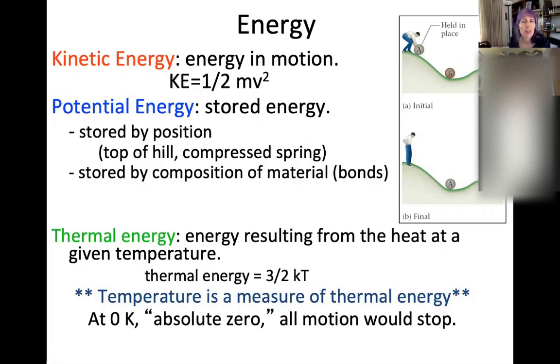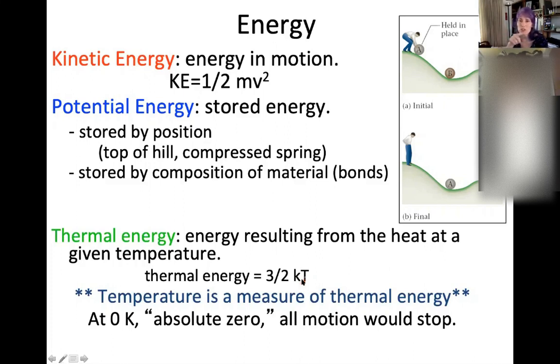I also want to talk about thermal energy. Thermal energy is just the kinetic energy that we have by virtue of being at a temperature. So here's our temperature component. You don't really need to know how this equation comes into being, but T has to be in Kelvin, absolute temperature, and the k is a constant, Boltzmann's constant.